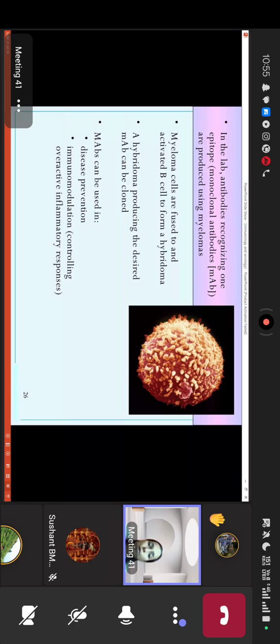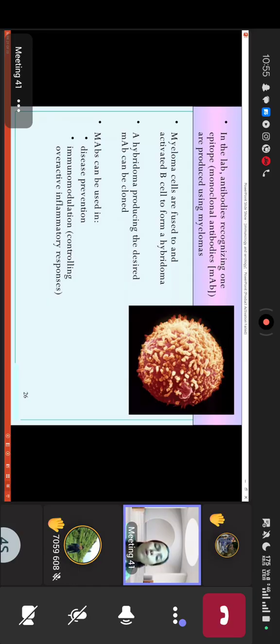Monoclonal antibodies can be used in disease prevention, which we are giving to the patient or the individual, or immunomodulation, which is controlling overactive inflammatory responses. So how are we preparing monoclonal antibodies? Basically, myeloma cells are fused with activated B cells.